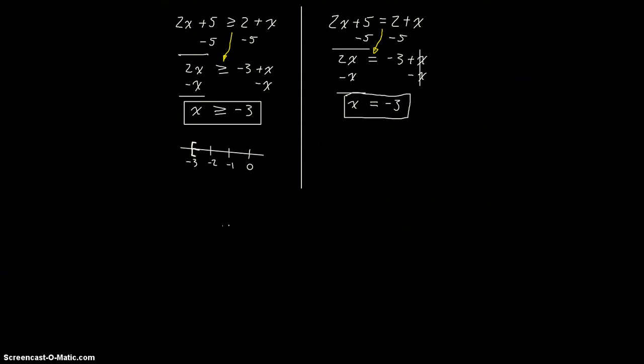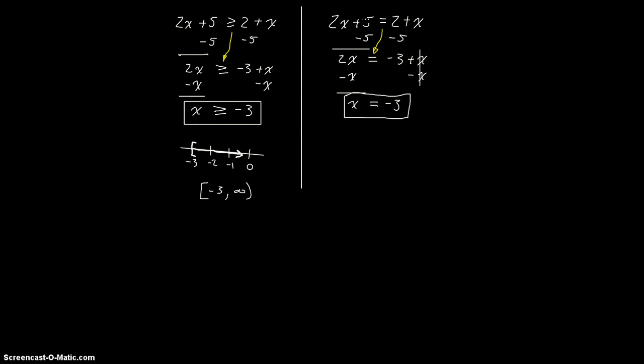It's greater than, so it's going to the right. Put an arrow. If I wanted interval notation, I can look at the graph. It's a square bracket, -3, and it goes all the way to plus infinity. Great. Pretty simple. I hope you can see how they're very, very similar.